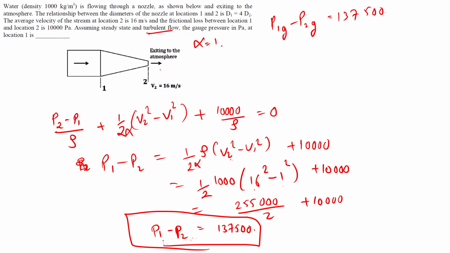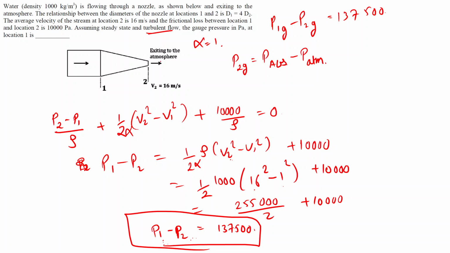Now if we look at the second point, P2 gauge will be P absolute minus P atmospheric.